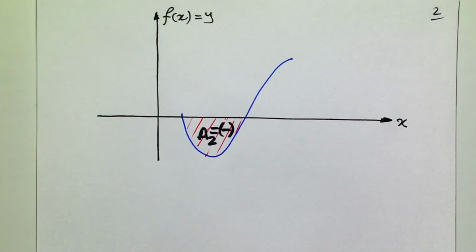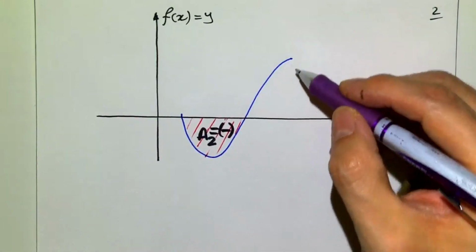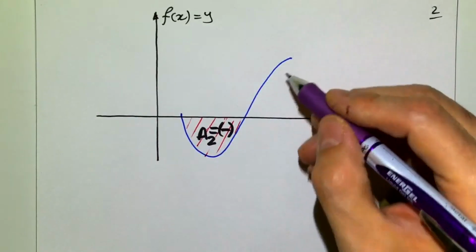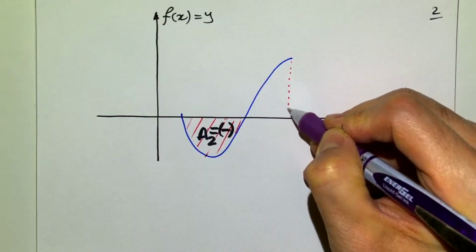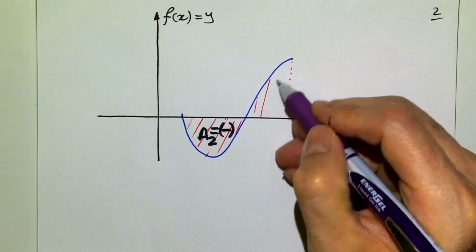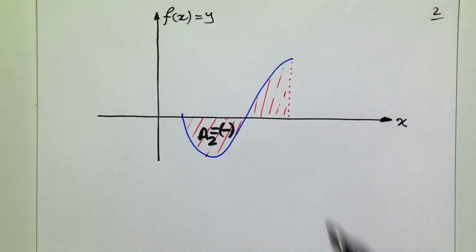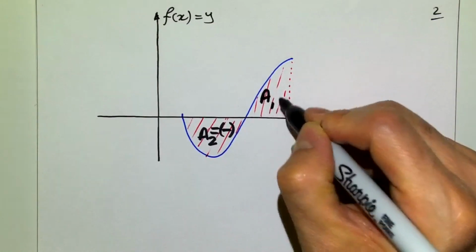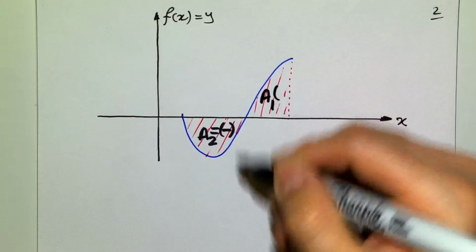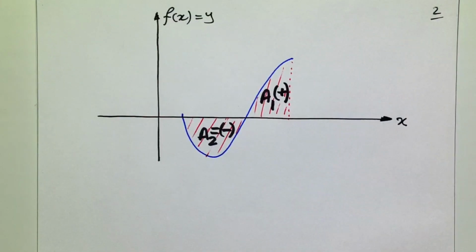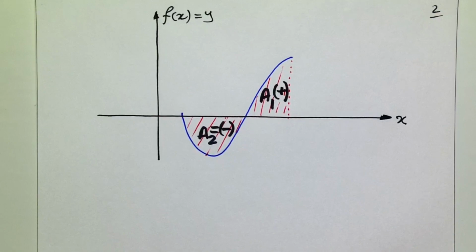And then A1, which is the area under the curve above the x-axis, and I will just drop a dashed line here. So this segment, which is above the x-axis, let's call that A1. Because it's above the x-axis, we take that as the positive area region.